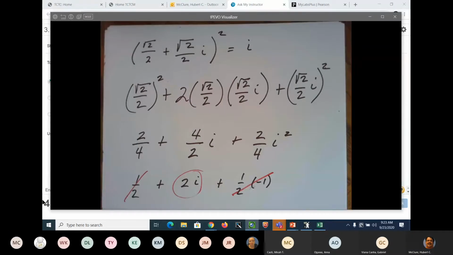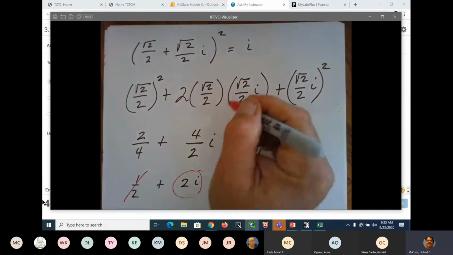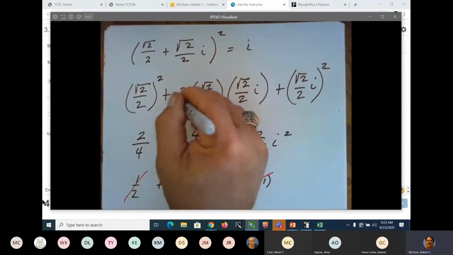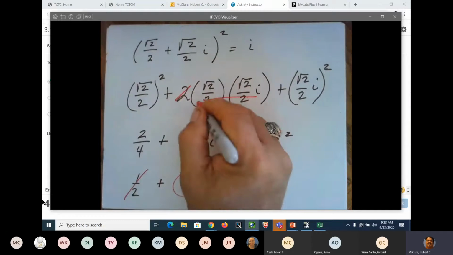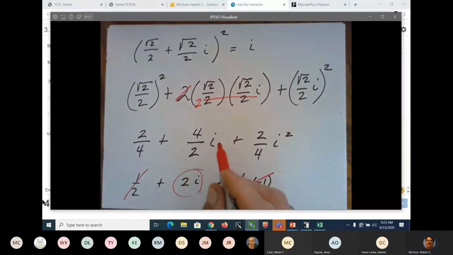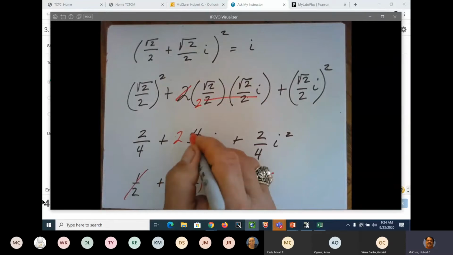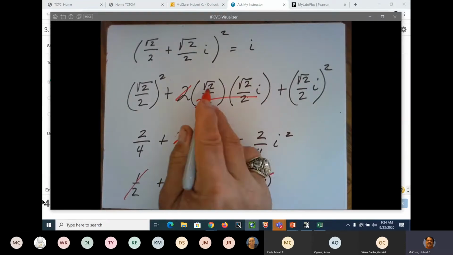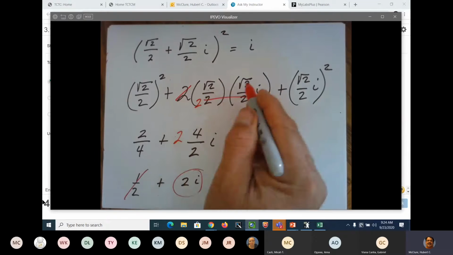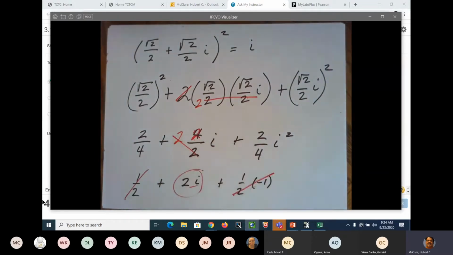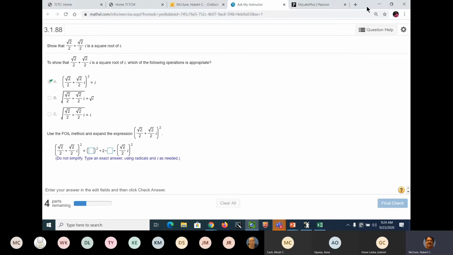Wait a minute. No, that's not right. 4, 2, we'll cancel with this 4 and make this a 2. In other words, 2 will cancel that out. And it'll still leave 2i because square root of 2 and the square root of 2 is 2. So you should end up with 2i. I don't know what this question's asking, but that's what they're wanting you to do.